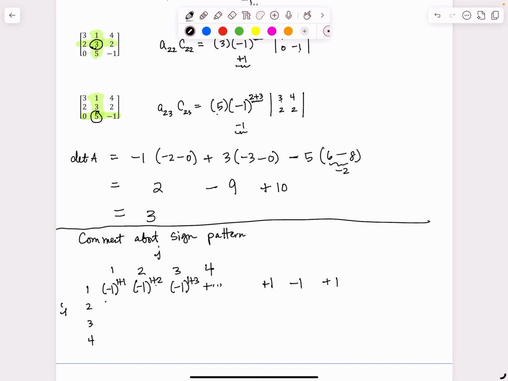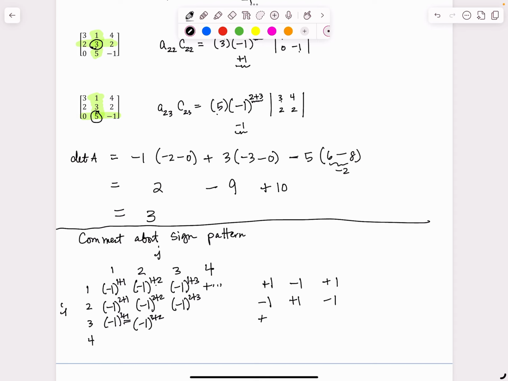Now if I go to the next row, this is minus 1 to the 2 plus 1, minus 1 to the 2 plus 2, minus 1 to the 2 plus 3. So minus 1 to an odd power is minus 1, minus 1 to an even power is plus 1, minus 1 to an odd power is minus 1. If I go to the next row, I'm going to have minus 1 to the 3 plus 1, minus 1 to the 3 plus 2, so this way is going to be minus 1 to an even power.